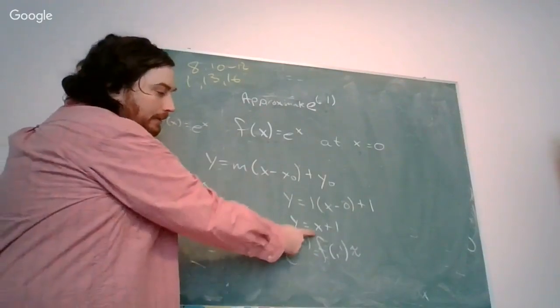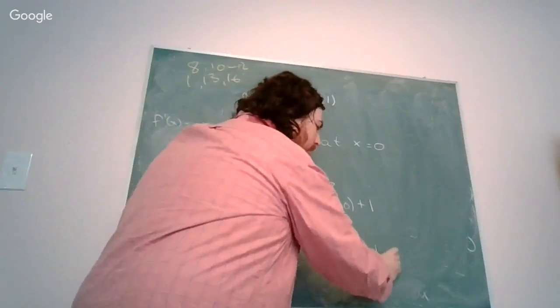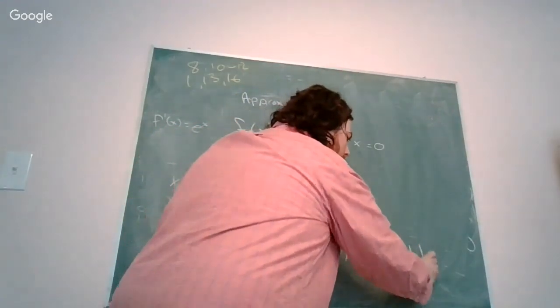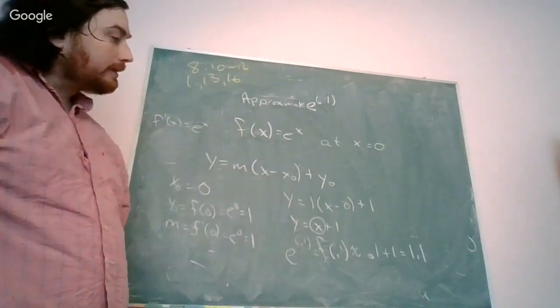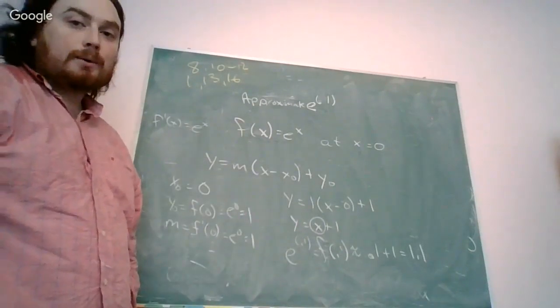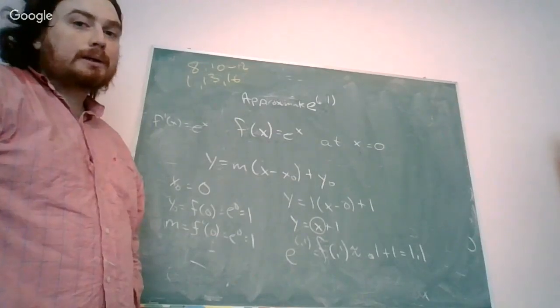So I'm going to plug 0.1 in for x. I get 0.1 plus 1, which is 1.1. What that means is that e to the 0.1 is approximately 1.1 using my tangent line, or using my linear approximation.